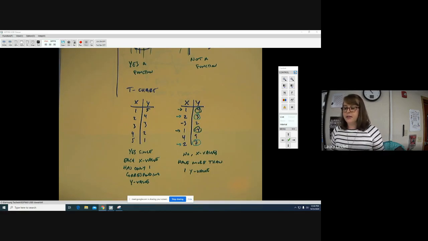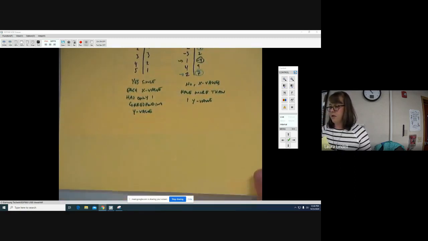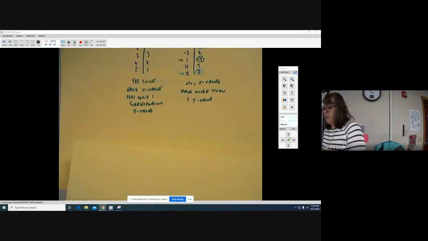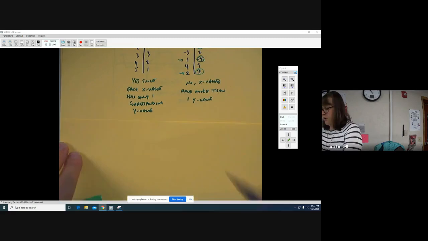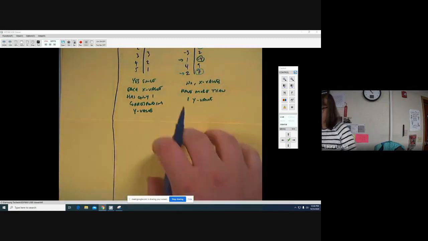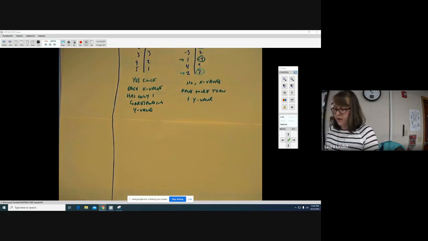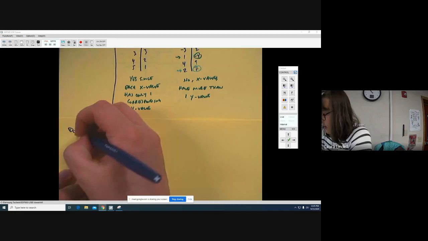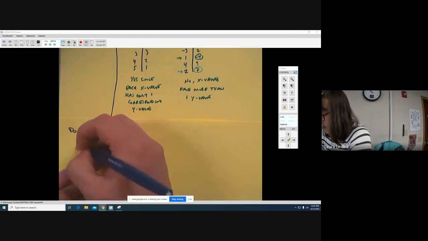Last thing for today is domain and range. And domain and range is probably where we spend the bulk of our time, just because some of this might be new notation. So, domain and range.